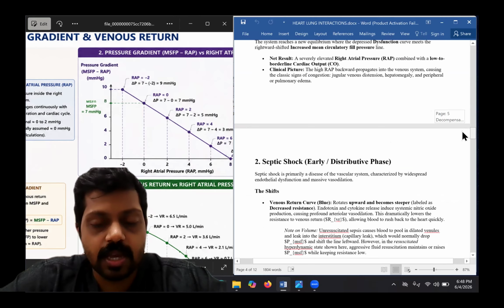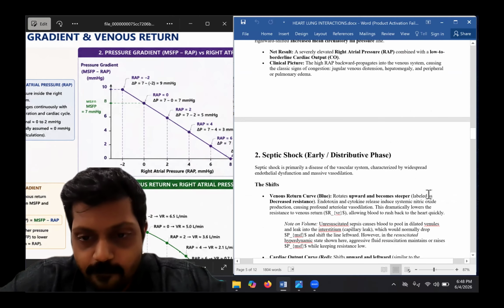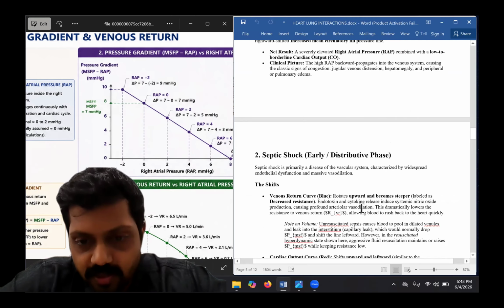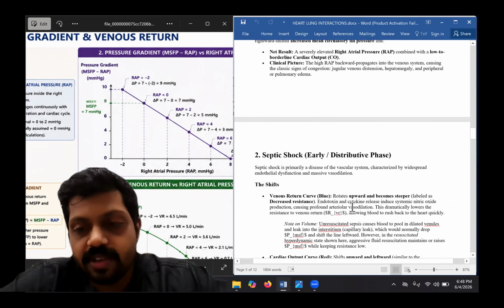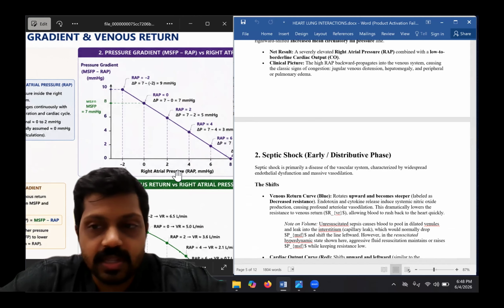First, we'll see what happens in sepsis, the early distribution phase. In septic shock, there is a cytokine storm causing profound arteriolar vasodilatation. So what happens in the vasodilated state?